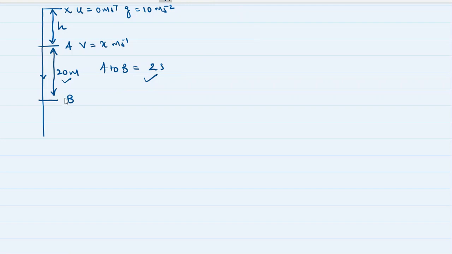Let's think. We know the acceleration also over here. Okay, if we imagine, no, we cannot imagine that. I was thinking we can imagine point B to be the ground, but that does not serve the purpose.